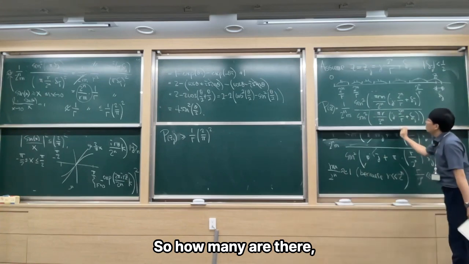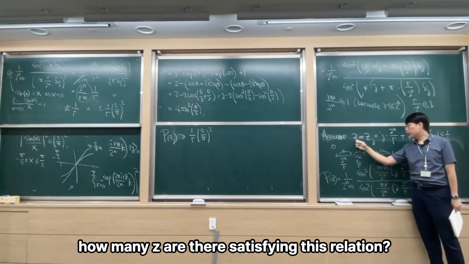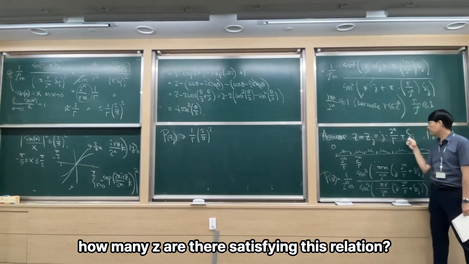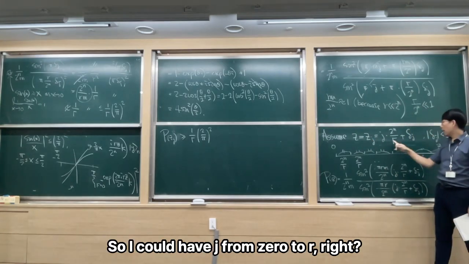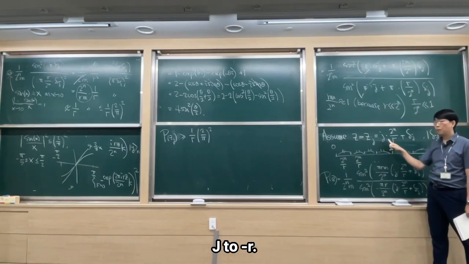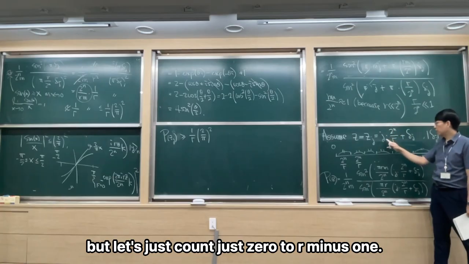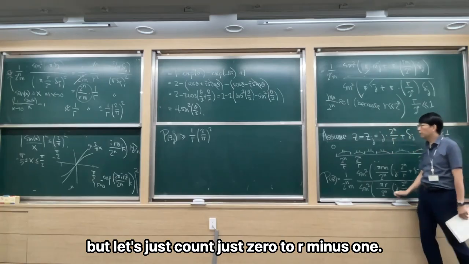So how many are there? How many z are there satisfying this relation? So I could have j from 0 to r, right? J to minus r. If it's r, then it could be less than r over 2^n, but let's just count 0 to r minus 1.